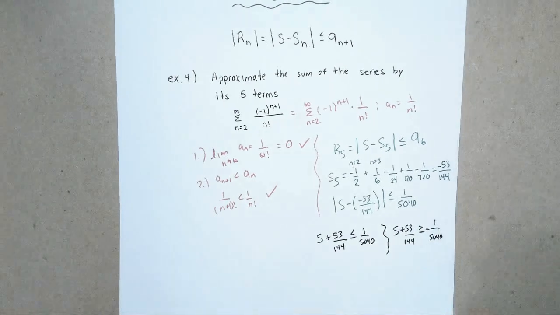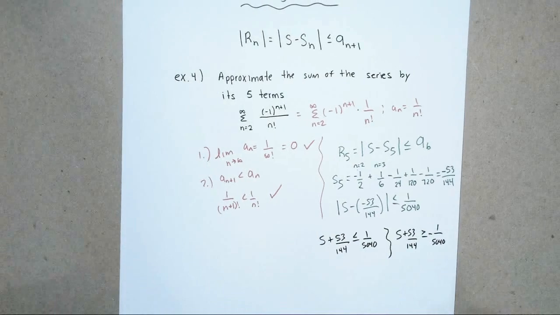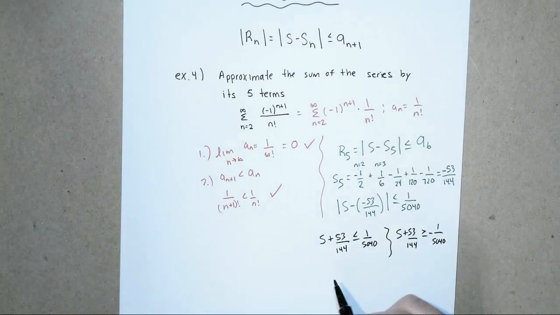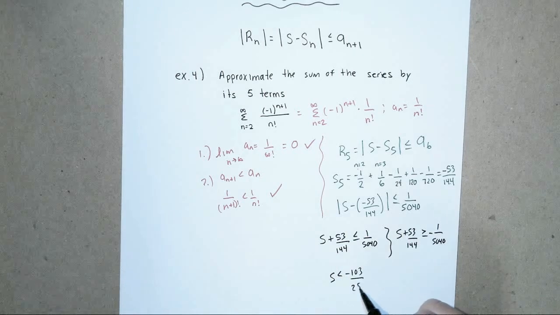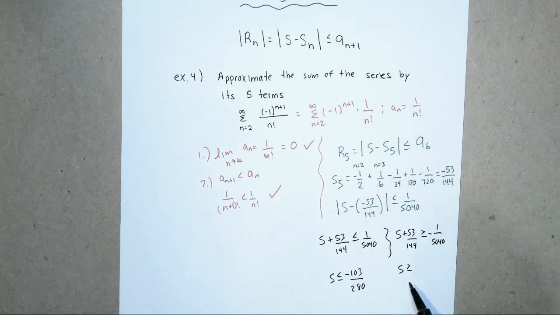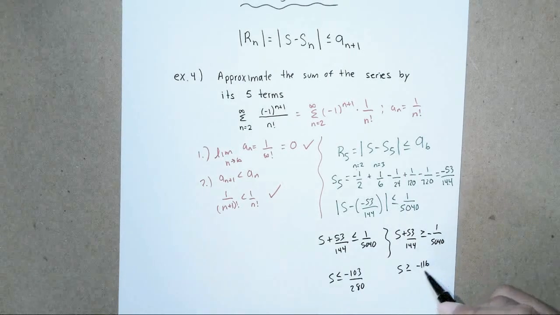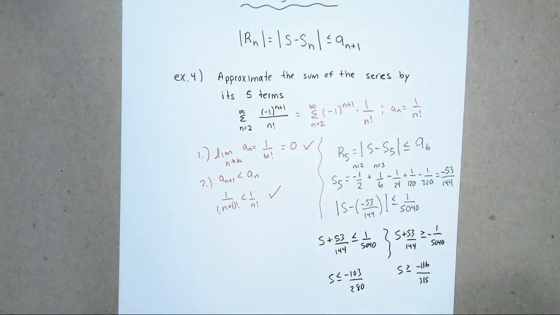You could turn these into decimals or work with fractions. When you subtract, it gives you S is less than or equal to negative 103 over 280, and S is greater than or equal to negative 116 over 315. And the error is between these.